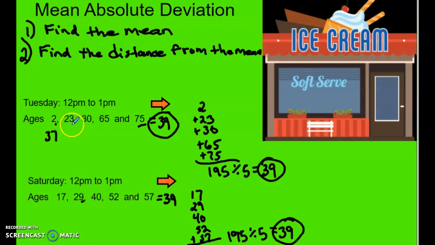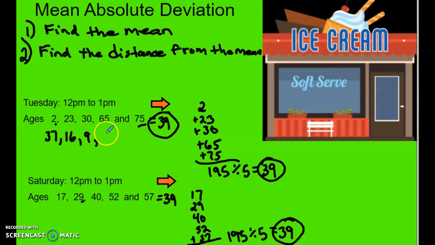So we'll put that right underneath the 2 so we can keep track of how far away we're going to indicate that each one of these ages are from its mean. So the next one, 23 is 16 units away from 39, and 30 is 9 units away from 39.